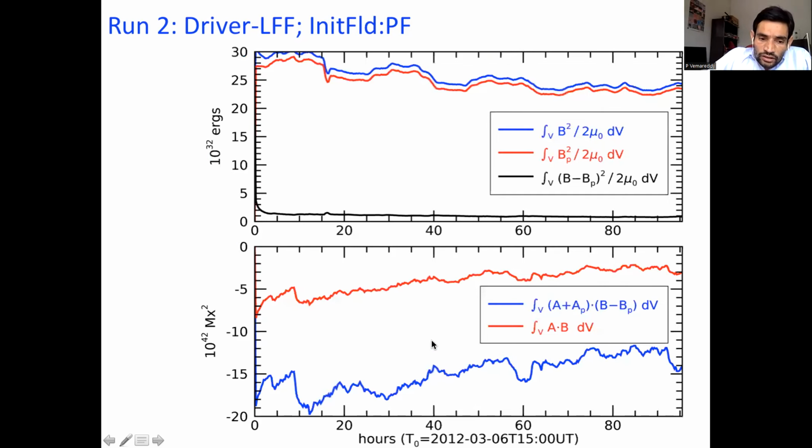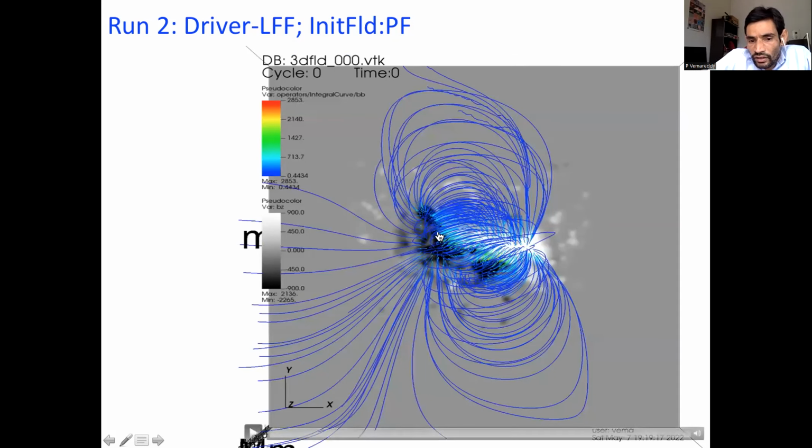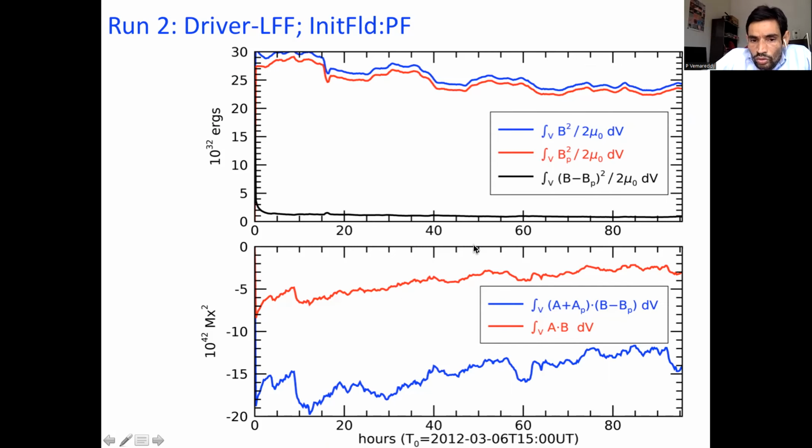So it is a higher value, but even then we don't see very significant twisted structures, especially at the core of the active region. That was my concern. The magnetic energy is also a little higher compared to earlier, above 1 into 10 power 32 on average.